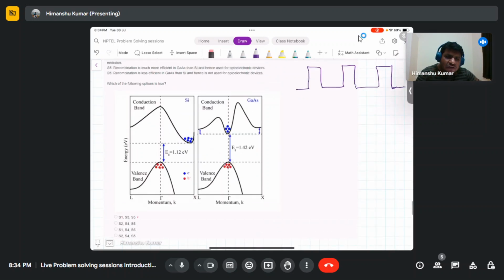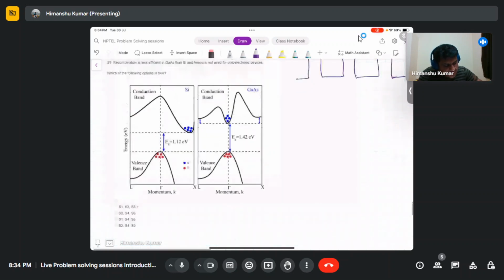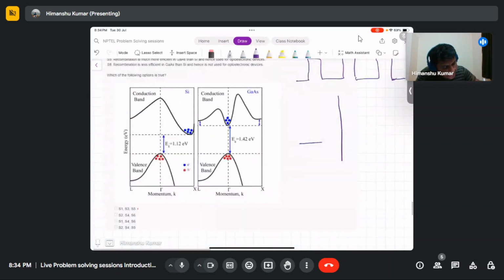So confining the electron leads to the discrete nature, but when you take the periodic potential, it will lead to a jump in the discrete levels. This is the free electron E-k dispersion relation, and when you have a particle in a box, this will become discrete.